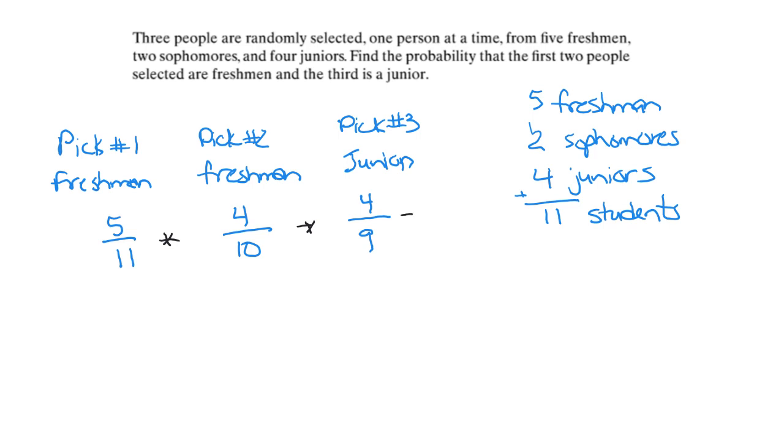This will give you 8/99. So 8/99 will be the probability of selecting the first 2 selections to be freshmen and the third to be a junior.